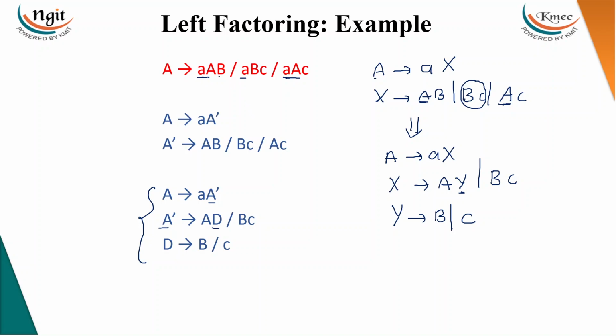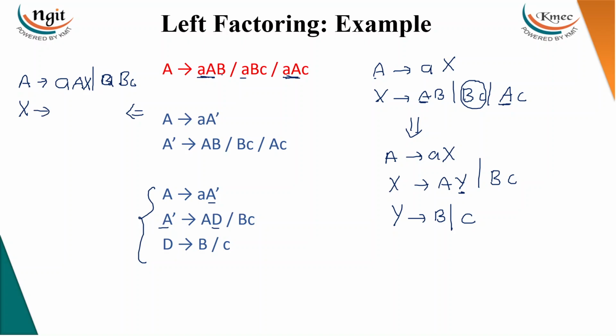Let me take A common, no problem. See, A tends to, here A is common in two productions, right? Then you can write it. A and BC, ABC is not, right? Then you can write AX. So what is X here?